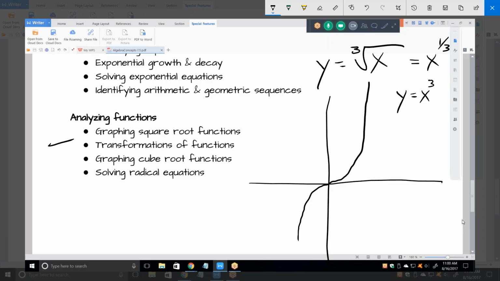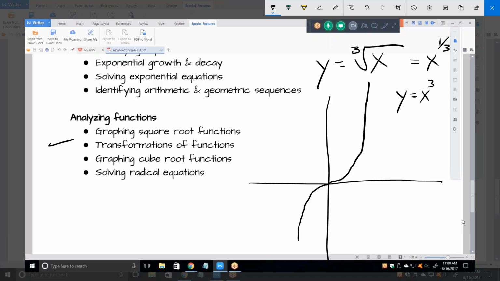And notice, what's the domain? What are the allowable x values? All real numbers. What's the range? All real numbers. Very good.